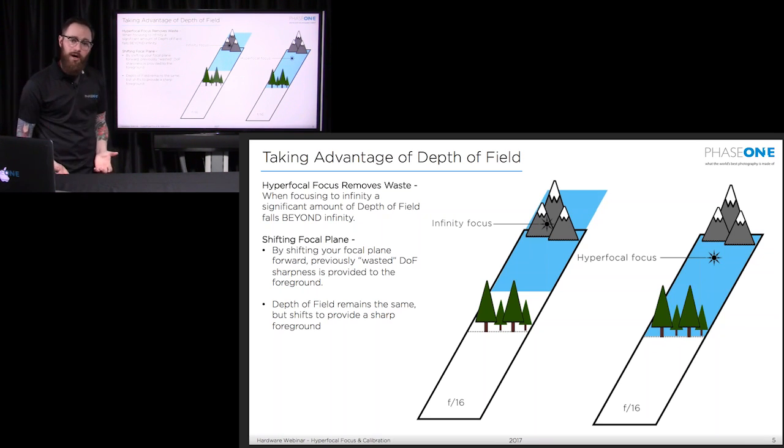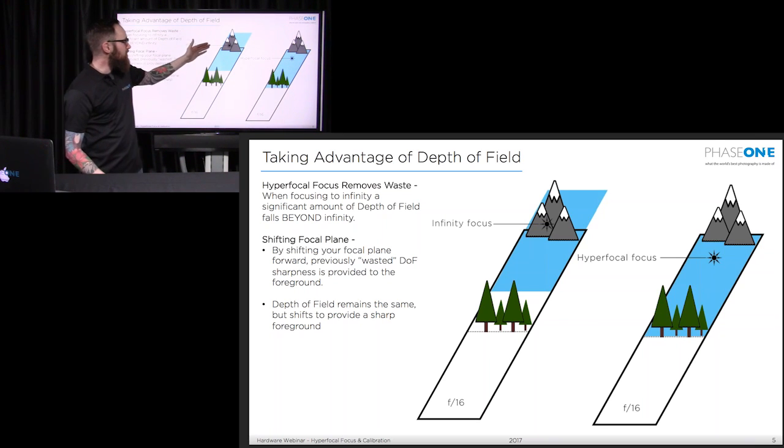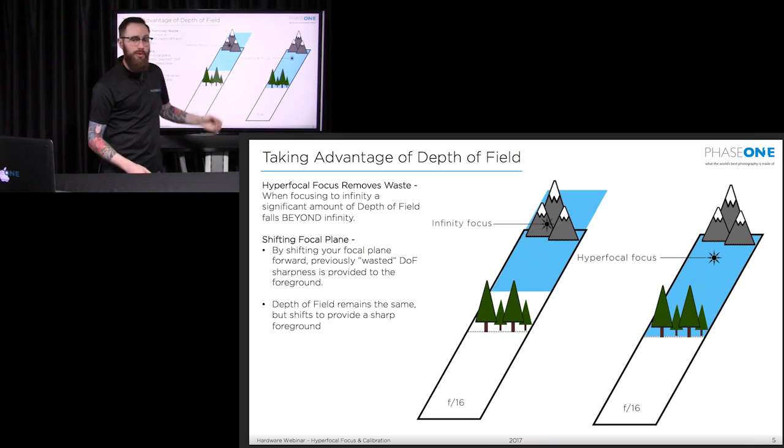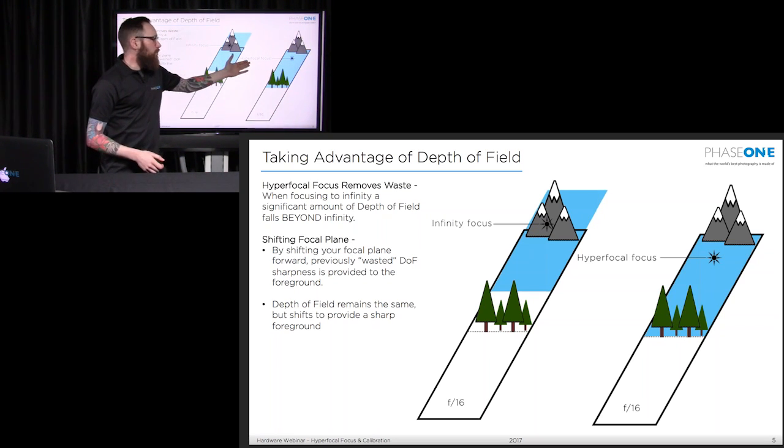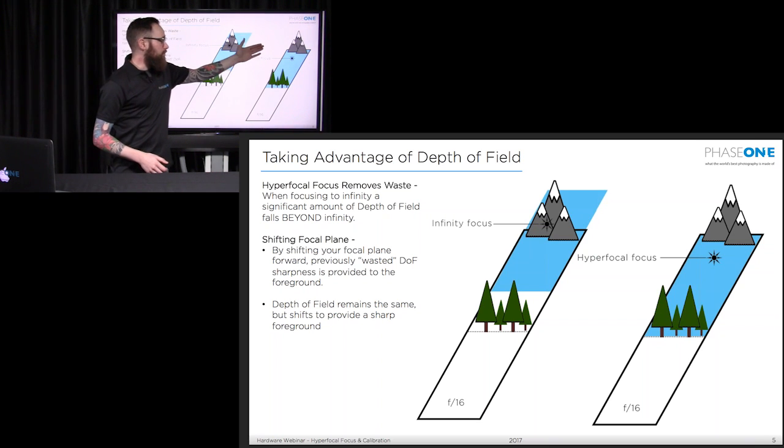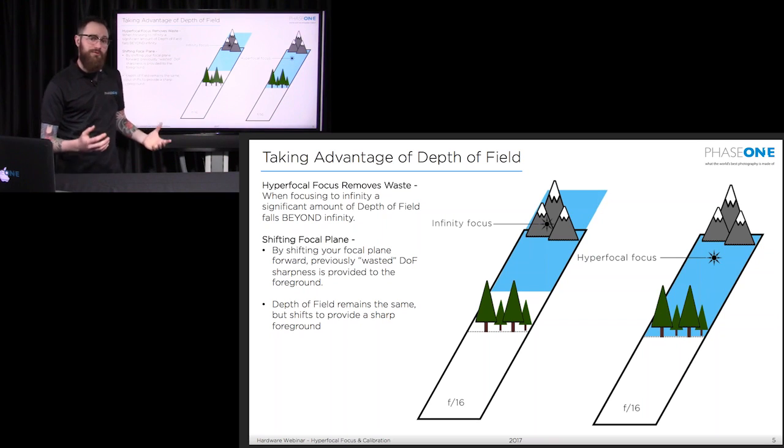But what I'm missing out on is all the depth of field that I've wasted beyond infinity. All of that blue area beyond infinity is depth of field that I'm not taking advantage of. So by finding my hyperfocal focusing point, which is closer than infinity, I'm actually shifting all that depth of field so that I get my foreground in focus.